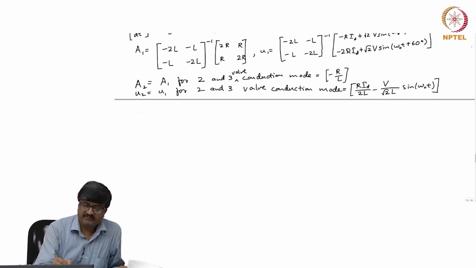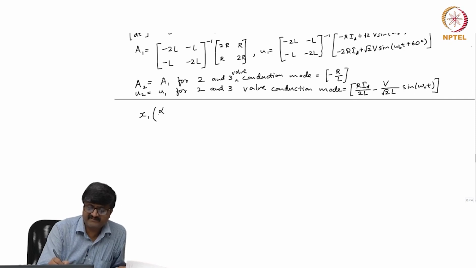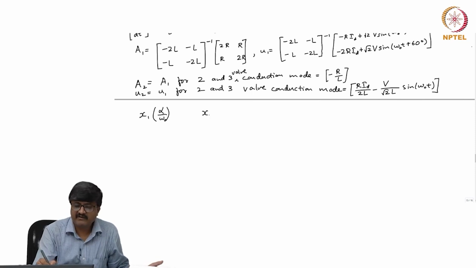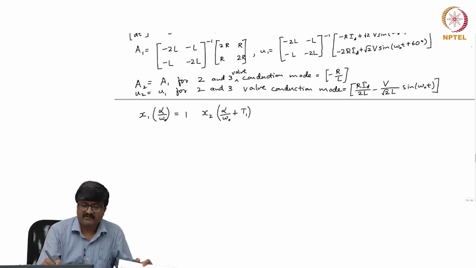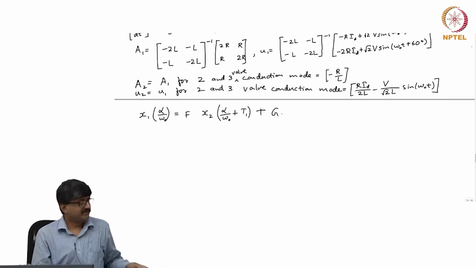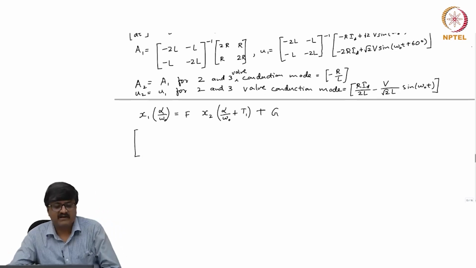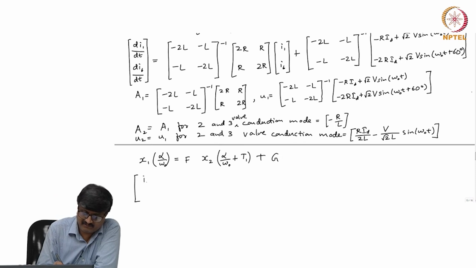So, again we have to find F and G which relates x1 at alpha by omega o and x2 at alpha by omega o plus T1. So, the equation is this. In our case x1 is I1 and I6. I want to relate the left hand side which is I1 at alpha by omega o, I6 at alpha by omega o.